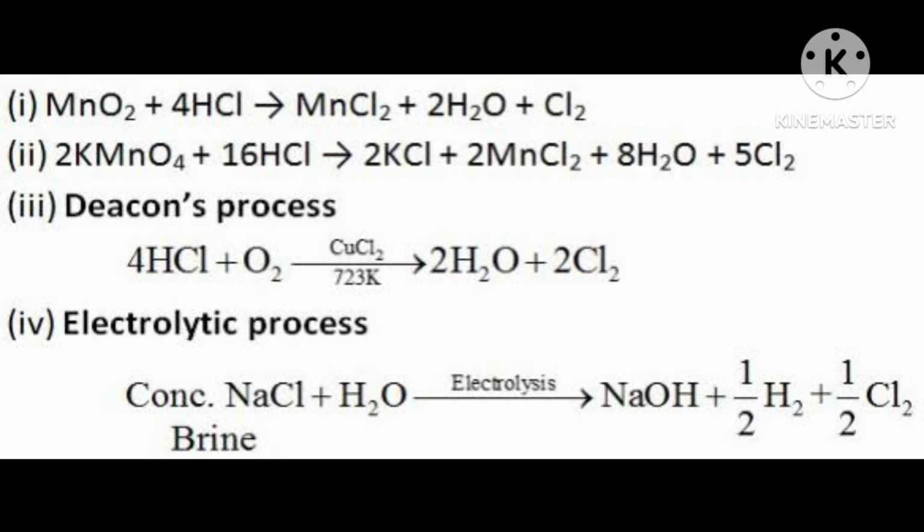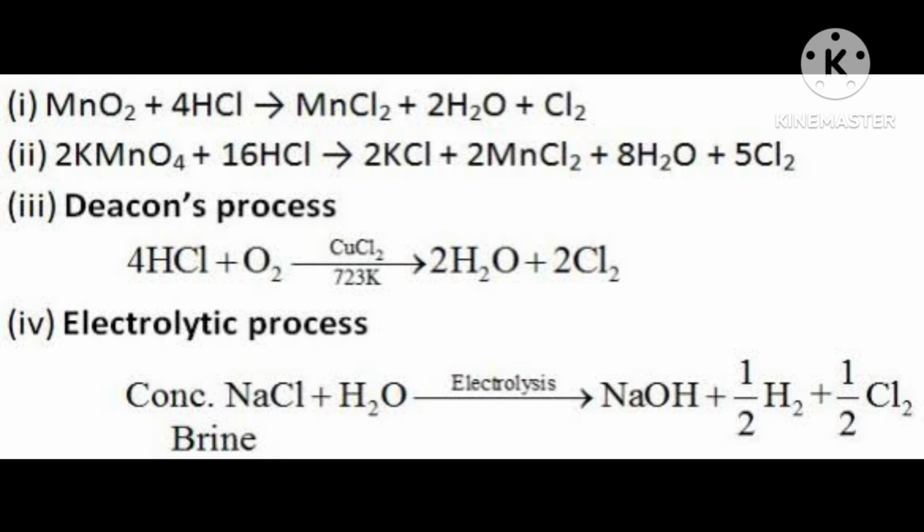First, by heating manganese dioxide with concentrated hydrochloric acid: MnO2 plus 4HCl gives MnCl2 plus Cl2 plus 2H2O.